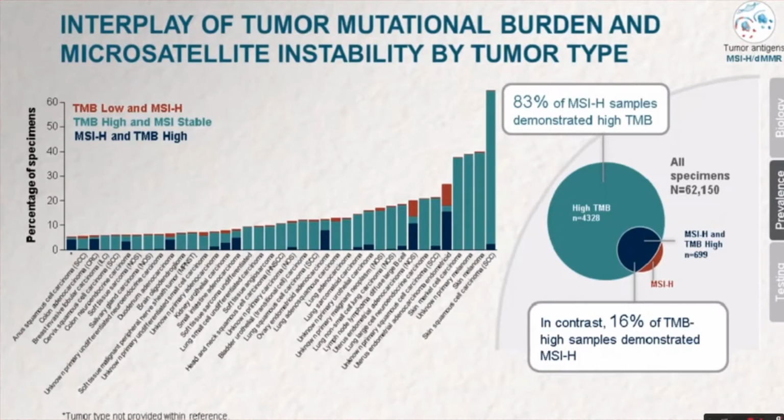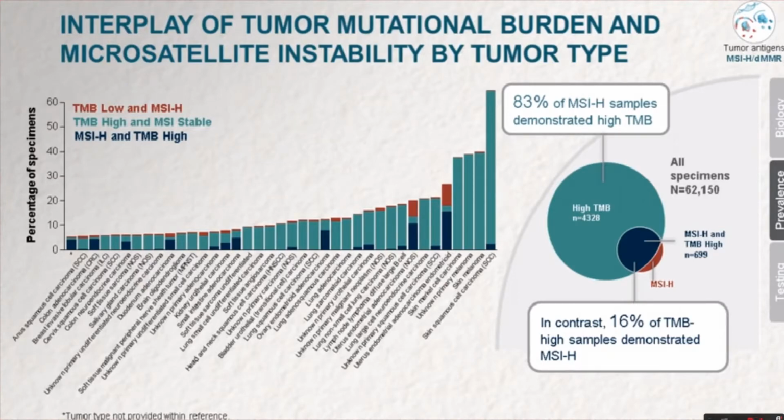We can also look at the relationship between microsatellite instability and tumor mutational burden within all cancers that are analyzed. So if you look at the far right, there's a diagram that's got bubbles in it. Out of 60,000 specimens in the analysis, about 4,000 have shown high tumor mutational burden.